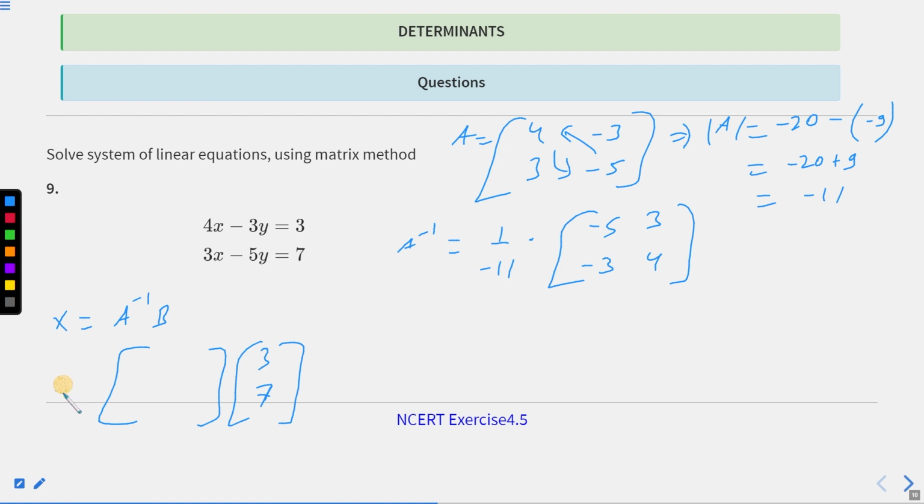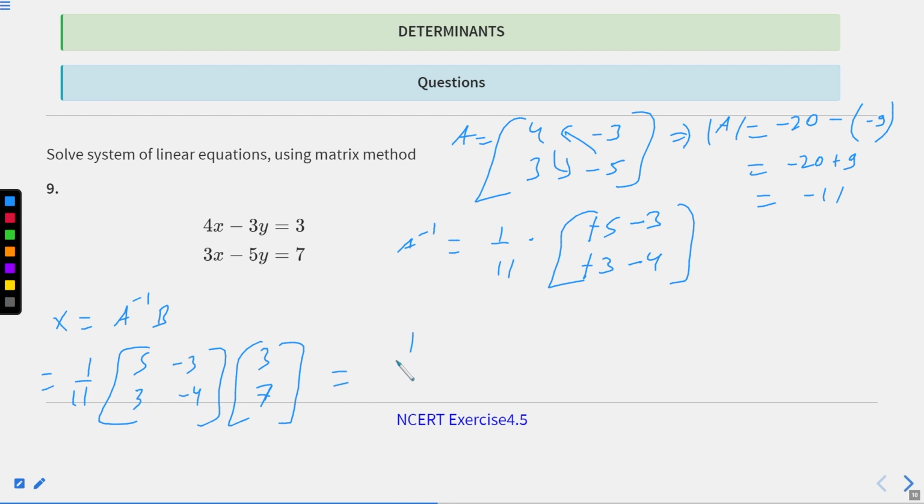So A inverse is this. Now I'll put the A inverse value here. One more thing, this minus I am going to multiply inside, so this will be plus, this will be minus, this will be plus, this will be minus. So I am writing my A inverse in this form: plus 5, minus 3, 3 and minus 4.